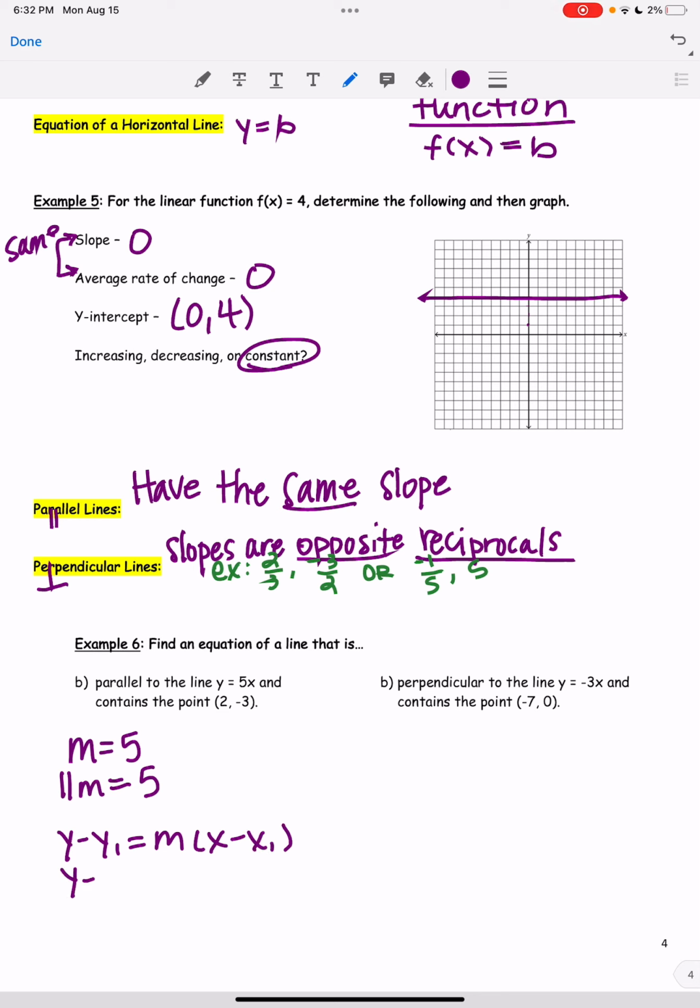So y minus, this is x1, y1, so y minus my y1's negative 3, so this is y plus 3, equals, my slope is 5, x minus x1, which is 2. So distributive property makes this 5x minus 10. Subtract your 3. And we get y equals 5x minus 13.